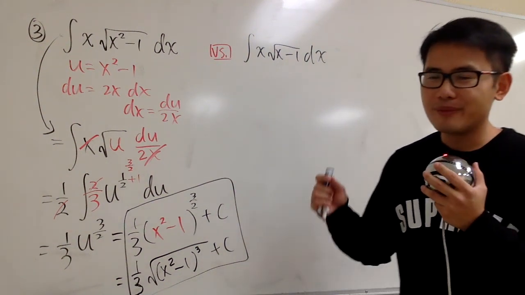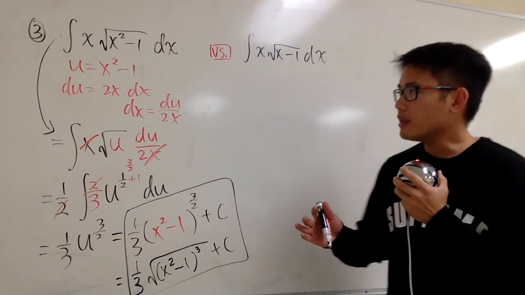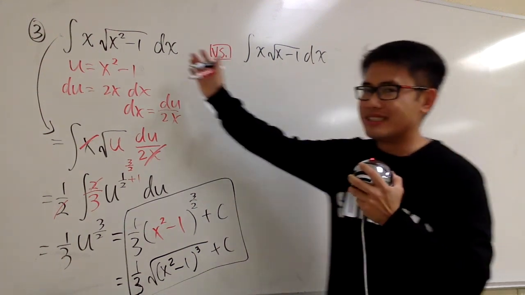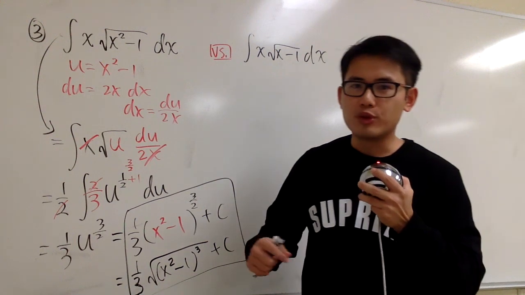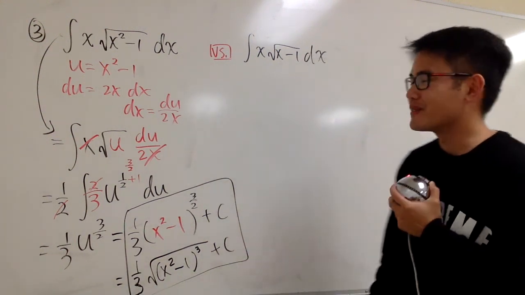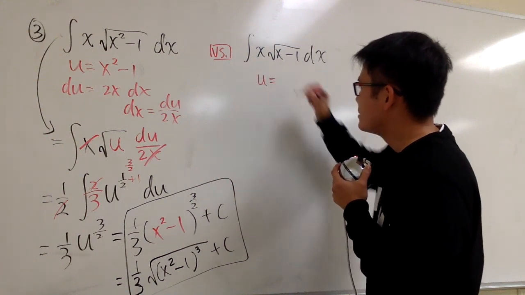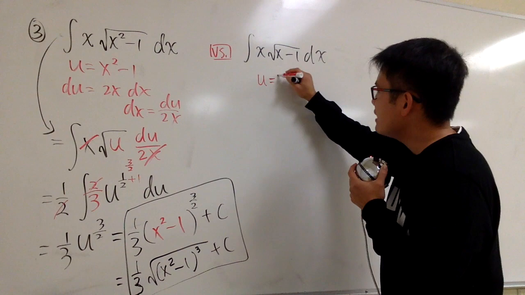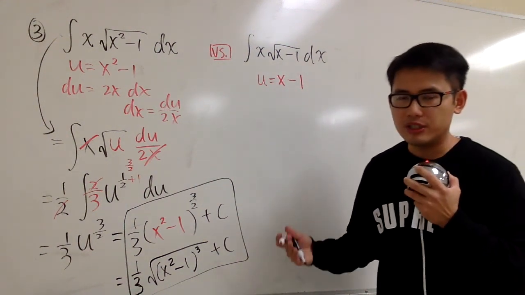So now, here is another thing we want to study. Sometimes when we're doing u-sub, it may not work as nicely as this kind of thing. We may have to do more algebra in order to make it work nicely. So, in fact, we can still use u-substitution, and I'm still going to let u equal the inside, x minus 1, and we still follow the same procedure.